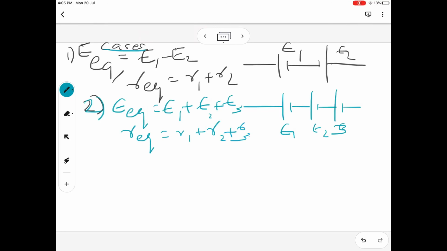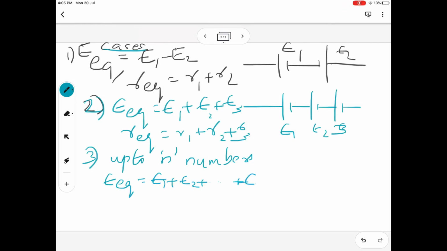R equivalent is R1 plus R2 plus R3. Now the third case. What if we have a fourth cell? Then plus E4 and plus R4 will come. If you have cells up to n numbers, then E equivalent is E1 plus E2 plus E3 plus E4 up to En, and R equivalent is R1 plus R2 plus R3 up to Rn.